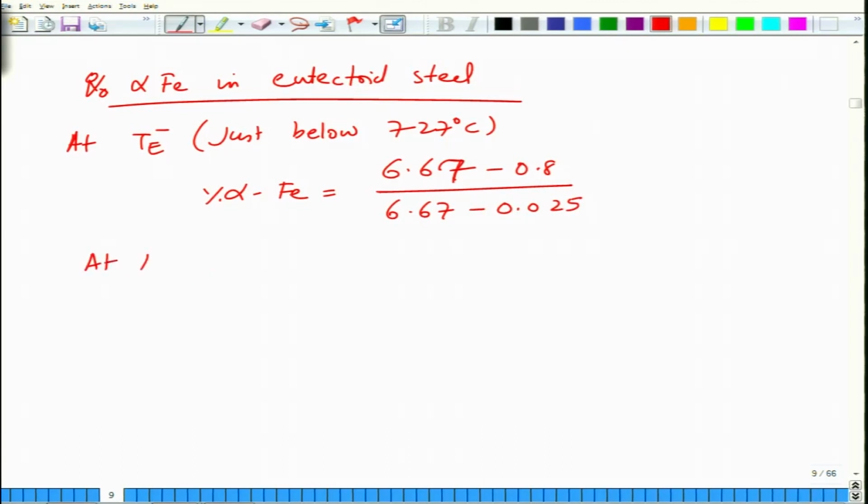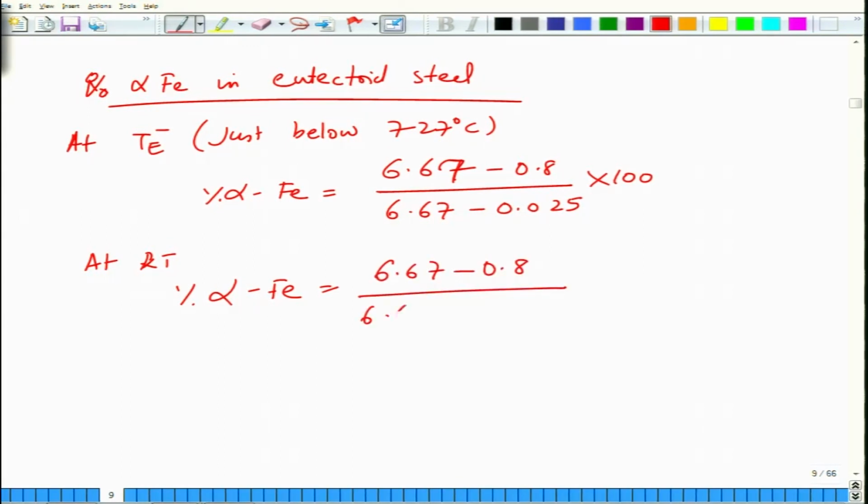And at room temperature, the percentage alpha Fe would be (6.67 minus 0.8) divided by (6.67 minus 0.008), into 100. If I do a quick calculation, 6.67 minus 0.8 divided by 6.67 minus 0.025 is about 88%.